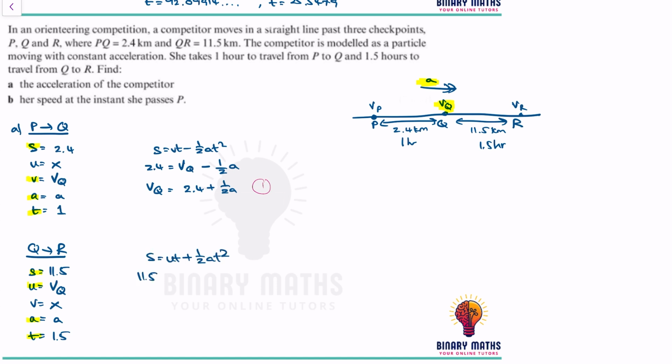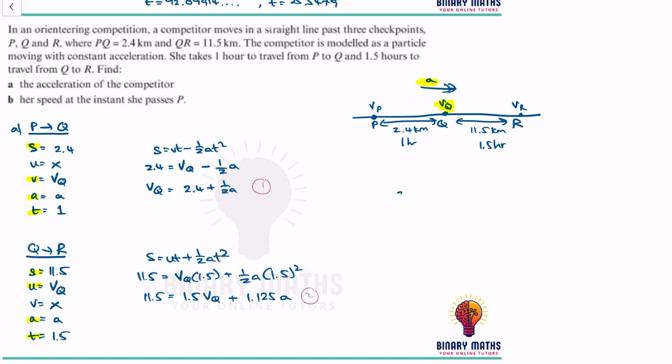So 11.5 is equal to VQ times 1.5 plus half A times 1.5 squared, which means 11.5 is equal to 1.5 VQ plus 1.125A. And this is equation 2.